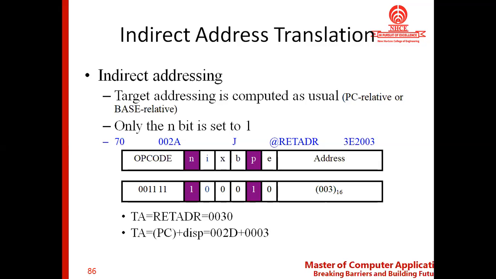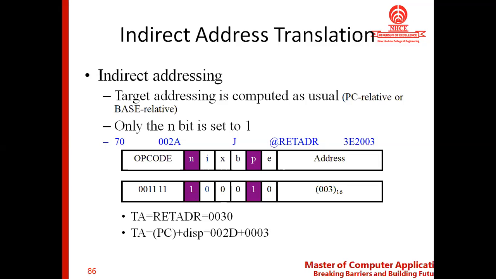In line number 70, you could see the instruction J @RETADR. The RETADR value we already knew is 0030, and the PC value: the address of line 70 is 002D, and the next instruction address is the PC value.